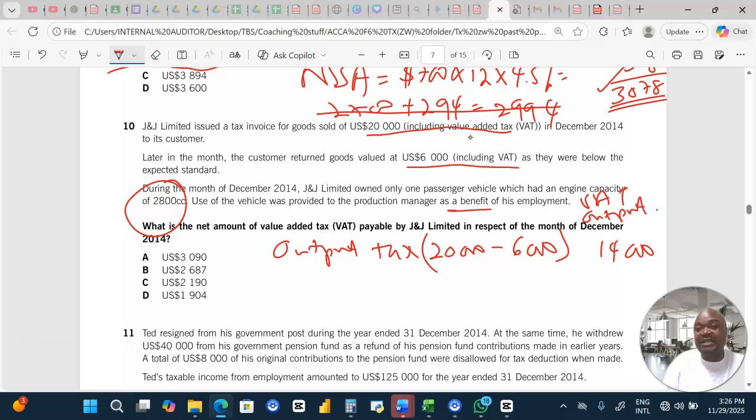It's still the sales which are taxable. But for us to get the VAT component, these were inclusive of VAT. So to get the output from the figure that is inclusive, we need to multiply by 15 over 115, isn't it? That's now the output tax we are talking about.